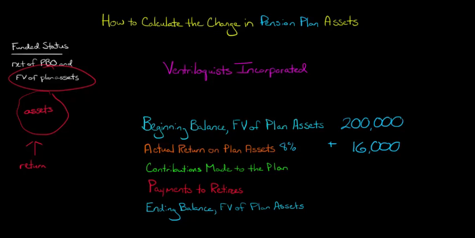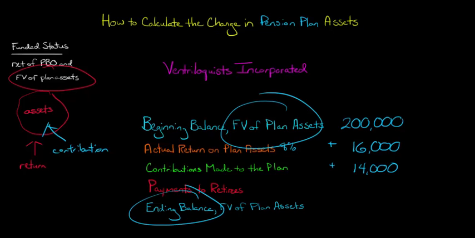Let's say that between the employees and the employer, there ends up being $14,000 in contributions. So in addition to the $16,000 return, there was an additional $14,000 put directly into the pool. That's our contribution, and it's going to increase our fair value of the plan assets.